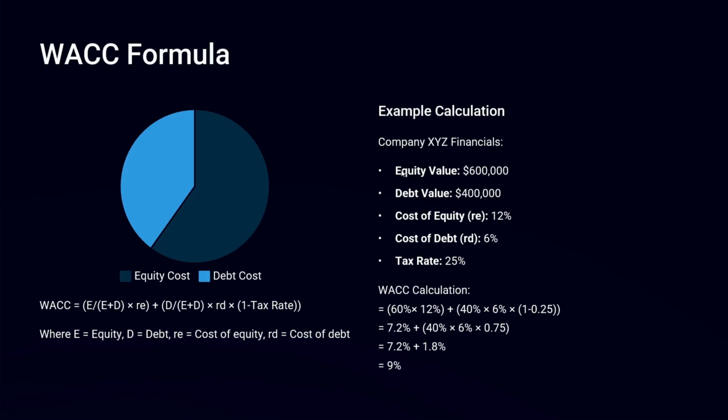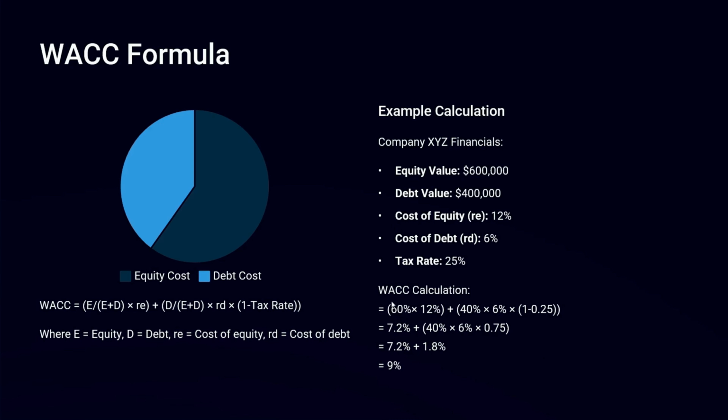In this example, we have total equity of 600,000, total debt of 400,000, cost of equity 12%, cost of debt 6%, and tax rate 25%.